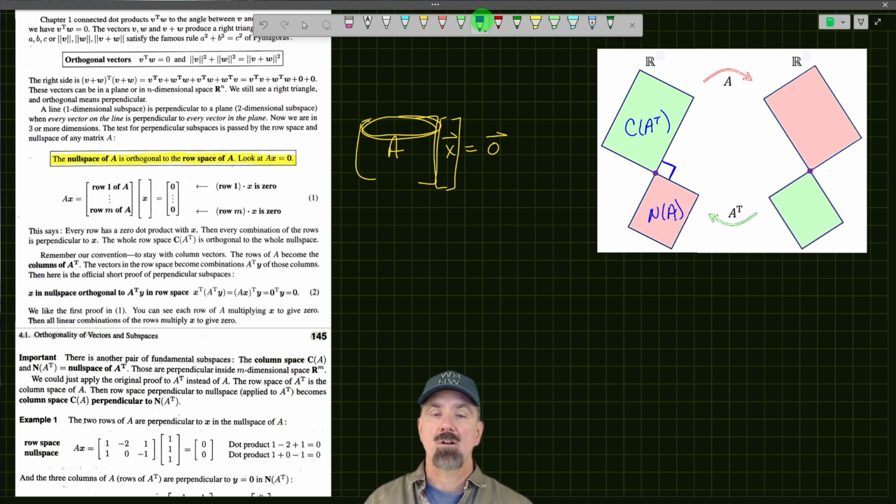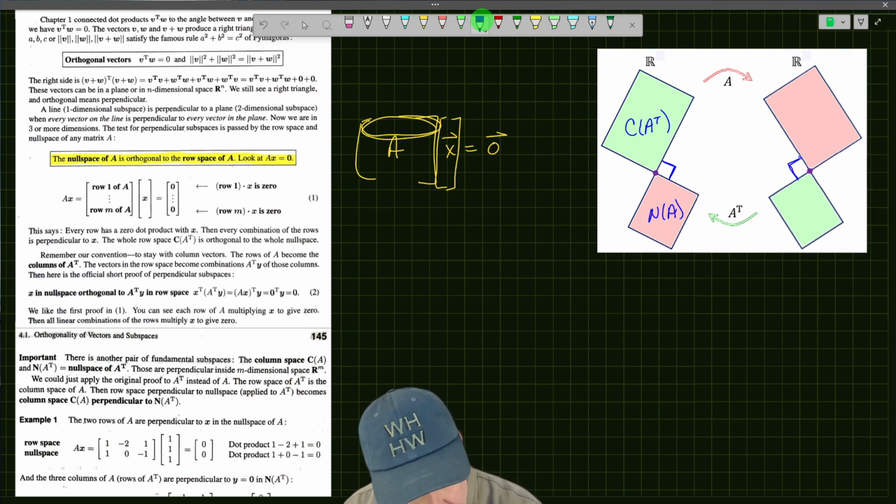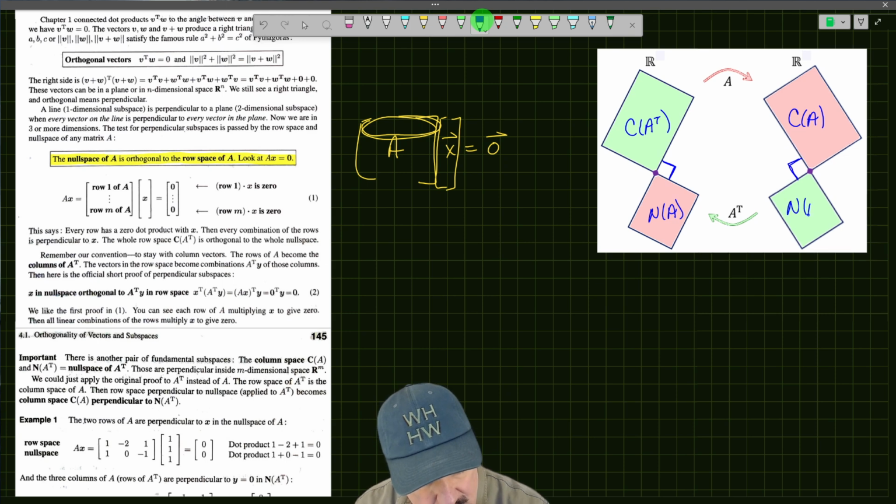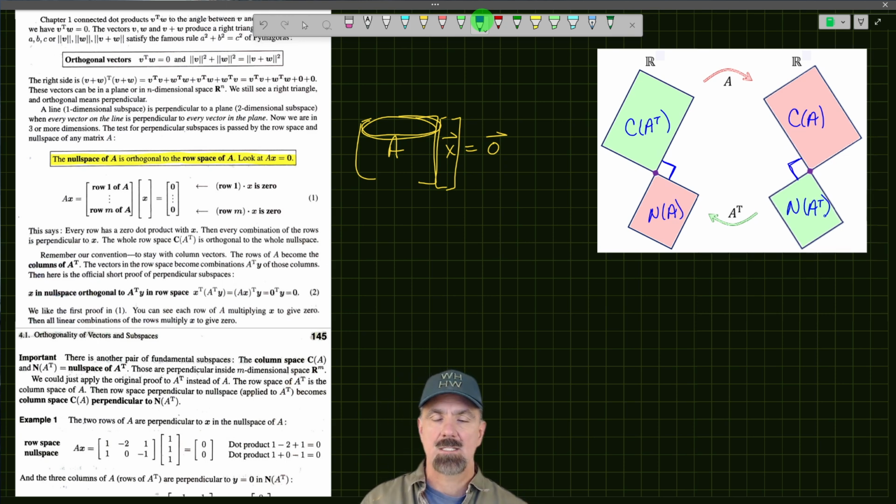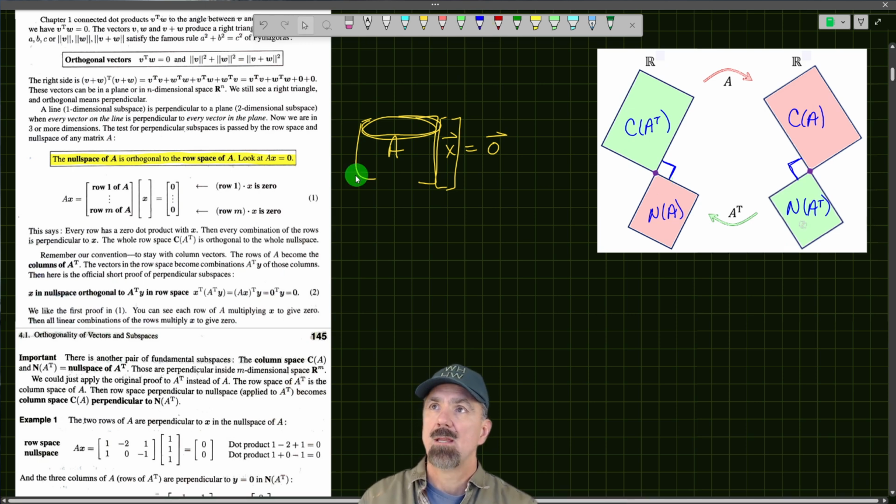They are orthogonal subspaces. Similarly, these are orthogonal. All the vectors in the column space are orthogonal to all the vectors in the left null space. Fundamentally important to us, and we'll see why when we take a look at an example coming up in a little bit. This result is staggering.